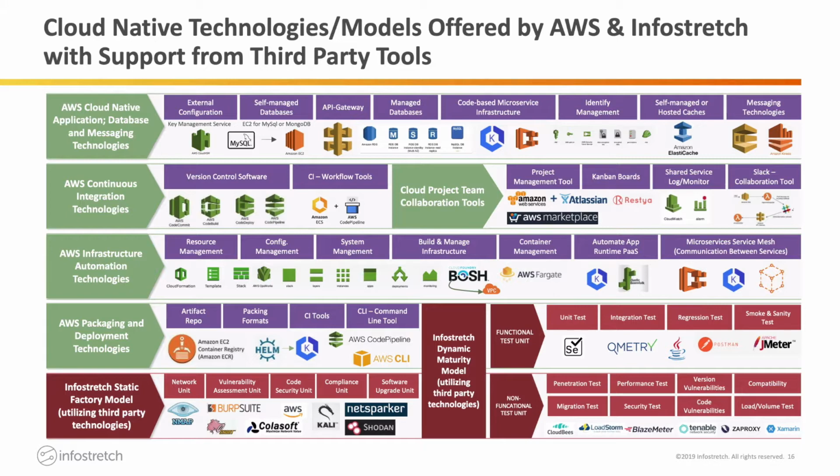Then you will see what is available from the AWS perspective for the CI technologies. You will also see the infrastructure and the deployment aspect. This is a little bit of a loaded slide. You will see a lot of solutions, and I just want to highlight, if not all, some of the solutions that are out from AWS.